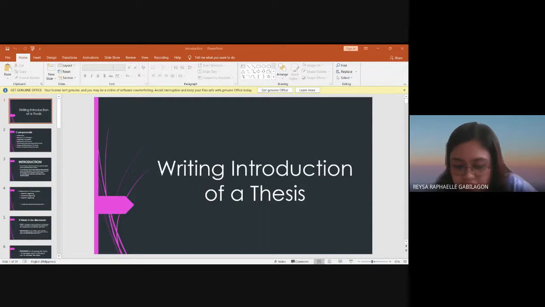And then, the occurrence of phenomena requires scientific investigation to arrive at a precise solution. So, if nahihirapan pa rin kayong maghanap ng research problem ninyo, you look at the current situation.